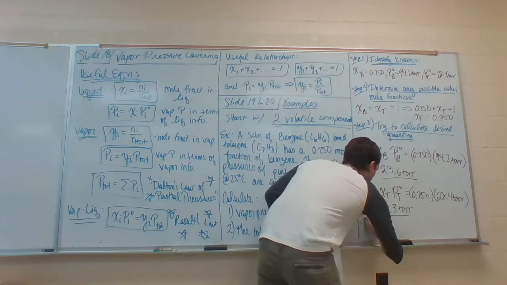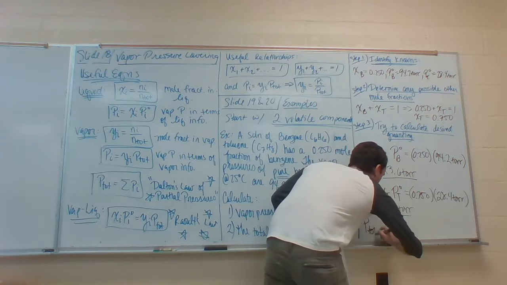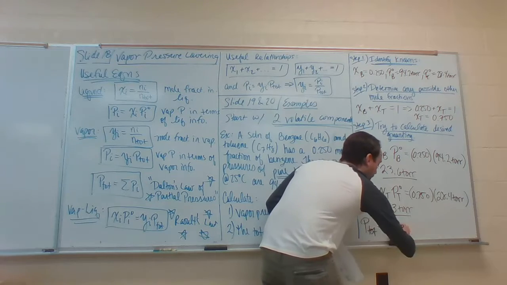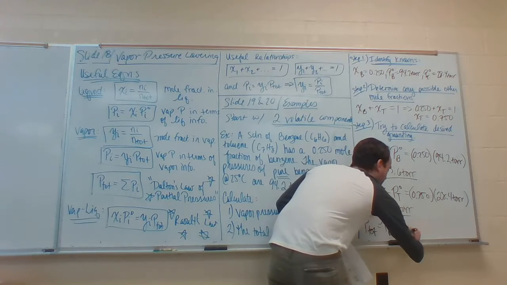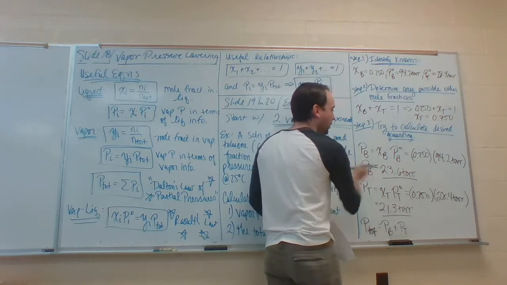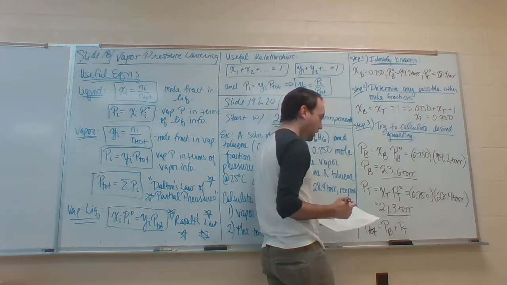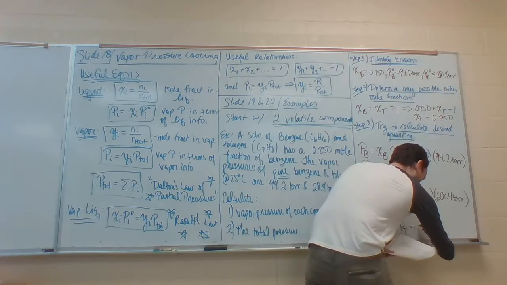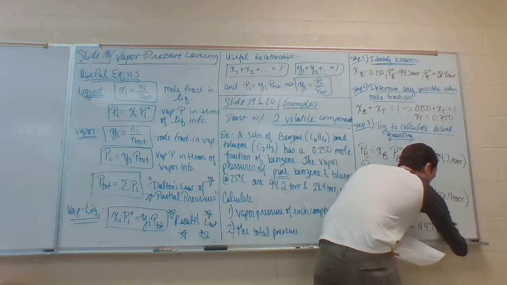So the total pressure is going to be equal to the partial pressure of the benzene plus the partial pressure of the toluene. All I have to do is add my 23.6 to my 21.3, and that gives me a total vapor pressure of 44.9 torr.